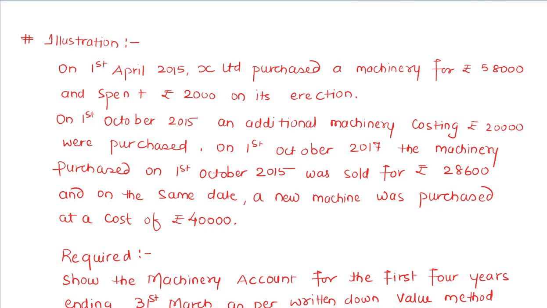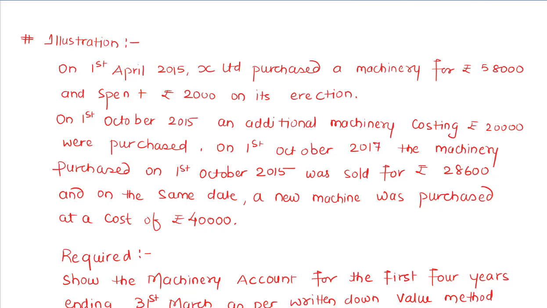On the same date, a new machine was purchased at a cost of 40,000. So in this case, there are three machines: machine 1 is purchased on 1st April 2015, machine 2 on 1st October 2015, and machine 3 on 1st October 2017.